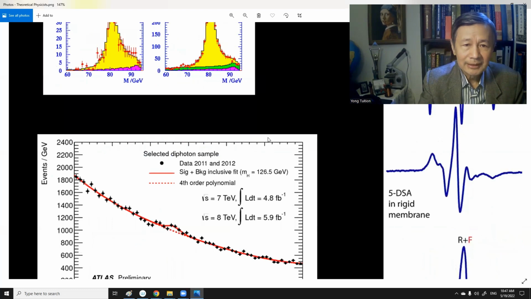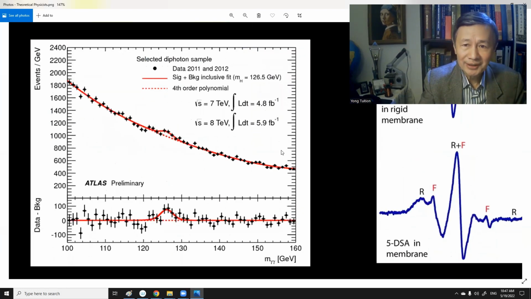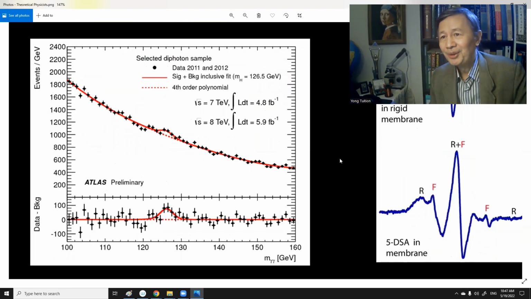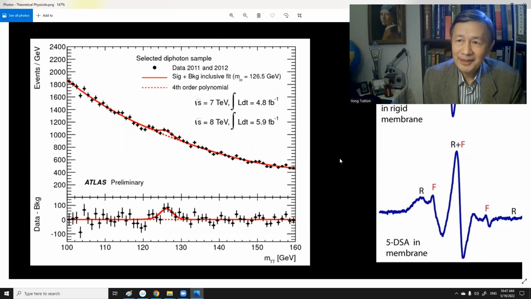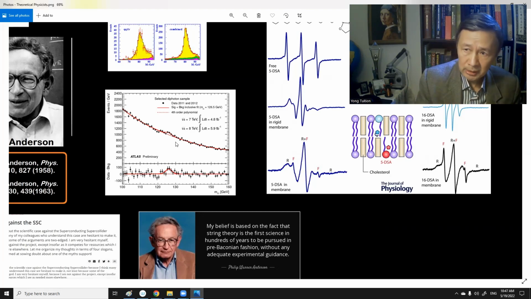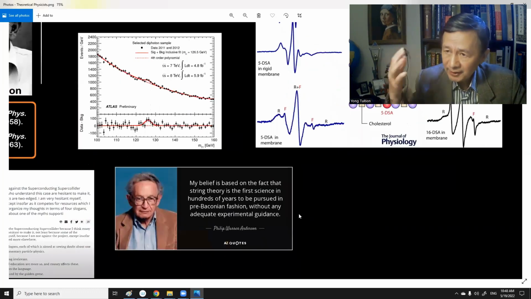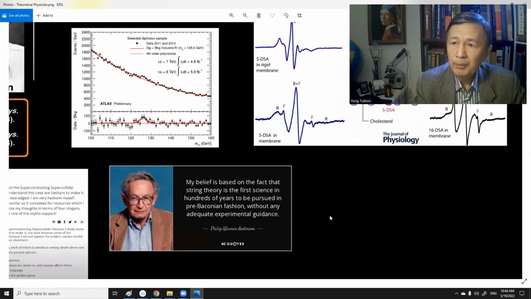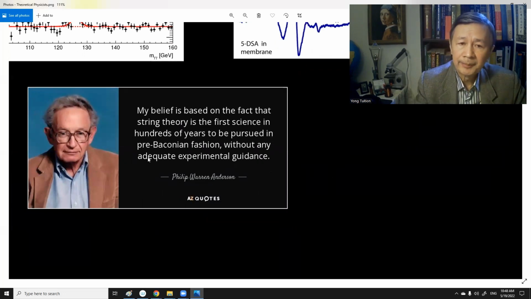However, this is the experimental result recently used to claim the discovery of the Higgs boson. Look, without mathematical manipulation, one can hardly see the peak. So you can argue that Anderson knows which experiment is good and which is not. Because after all, physics must be supported by experiment. So there's no doubt about that.